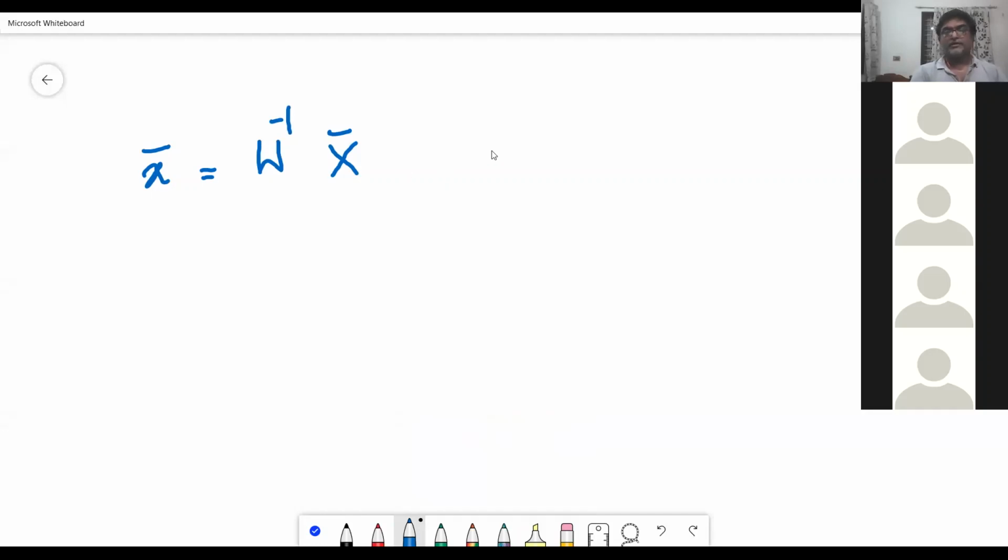Is it clear? Why? Because you had capital X bar is equal to W into x bar, right? So this is what you call the analysis equation, and this should be your synthesis equation.